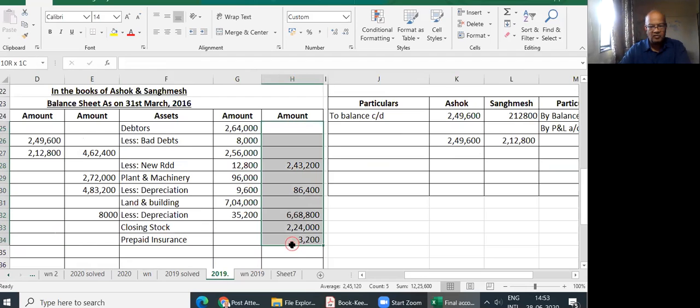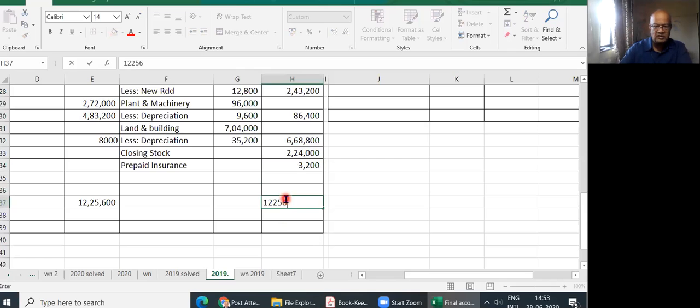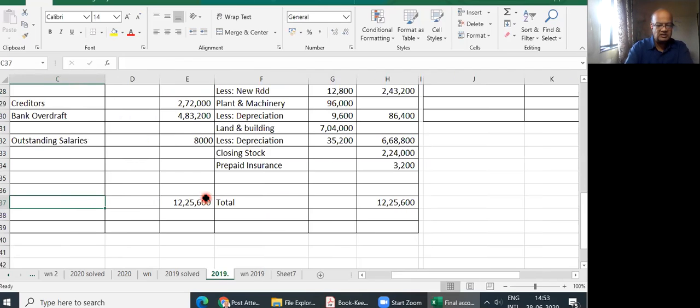It also comes to 12,25,600. So, dear students, our balance sheet tallies, and easily we have done the sum of 2019.